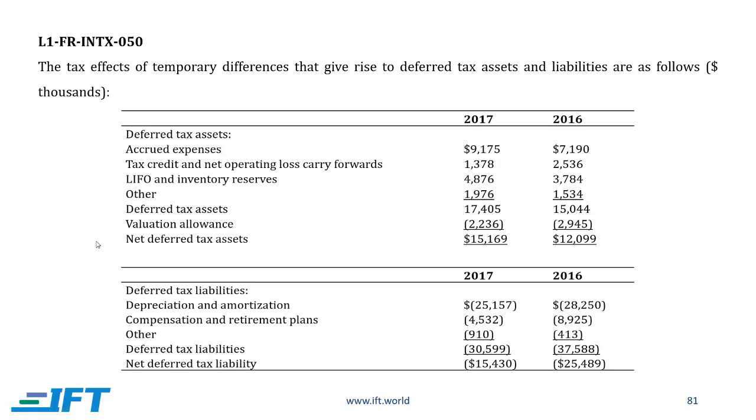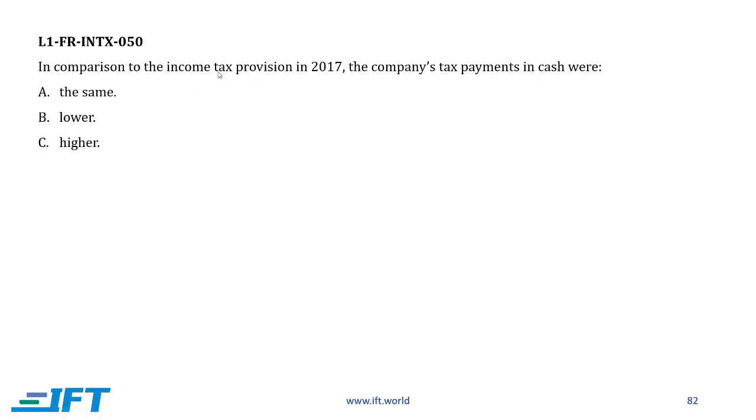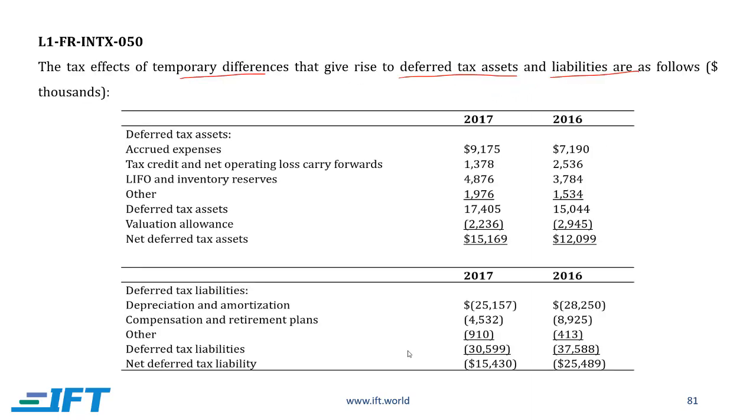Question number 50. The tax effects of temporary differences that give rise to deferred tax assets and liabilities are given. In comparison to the income tax provision in 2017, the company's tax payments in cash were. So how much was your deferred tax liability in 2016? 25,489. This is what you owe. How much is that now in 2017? 15,430.